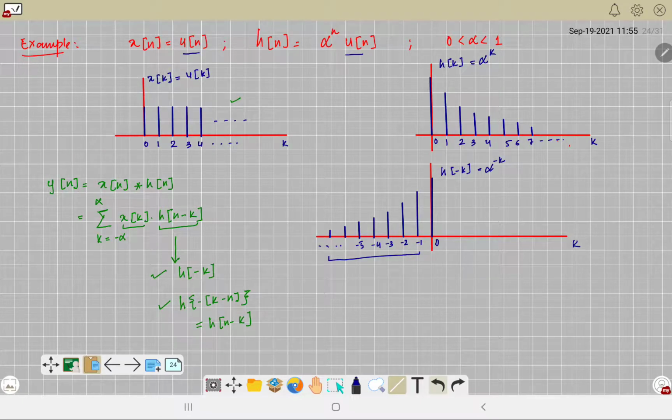Right. Now for n less than 0, that is here, we have h of minus k. Now we need h of minus k minus n, and if n has a negative value, which means it will be k plus n.